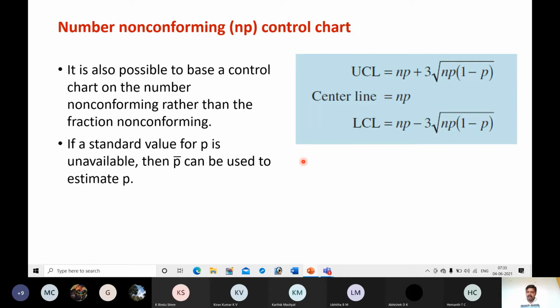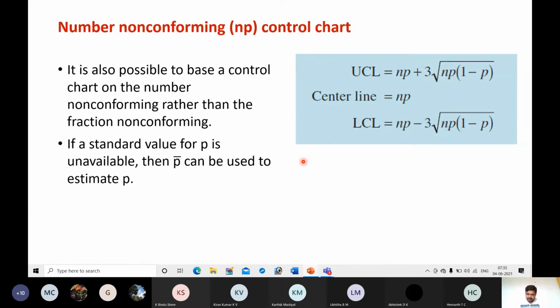If 100 units of a sample are taken, then out of 100 how many are defectives? We get that value in terms of percentage or decimal. If out of 100, 10 are defective, then it will be 0.1. That is the value of P.